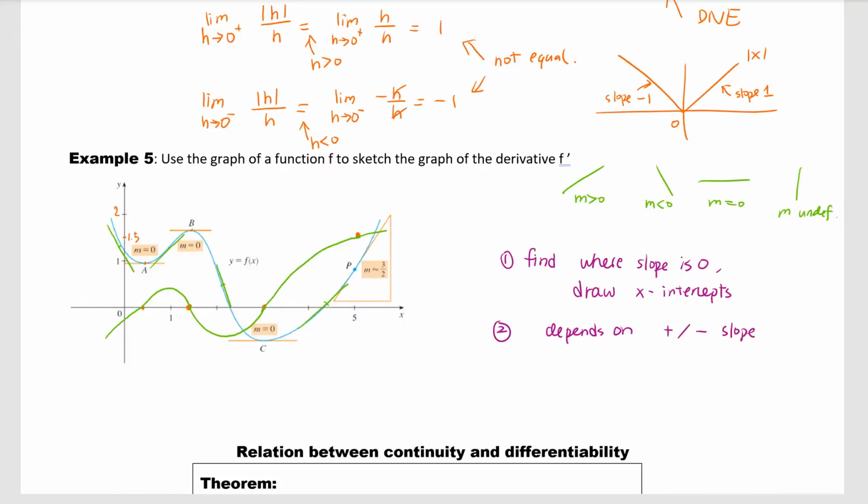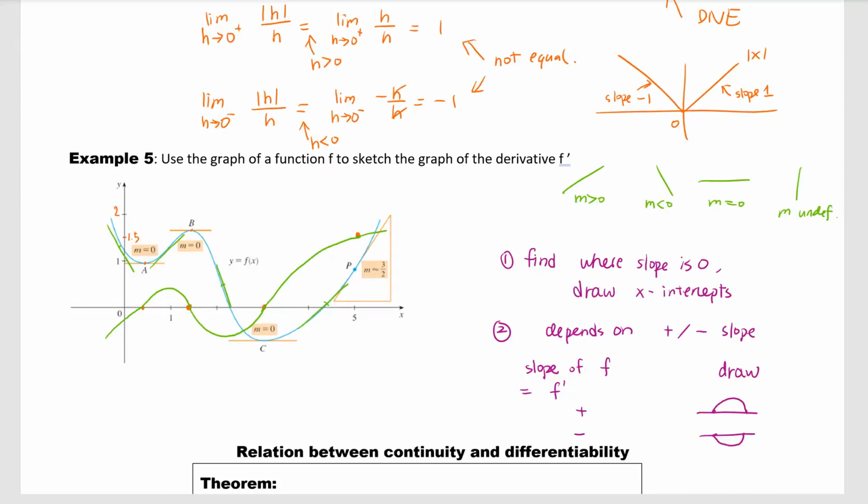By the way, the slope of f is the same as f prime. If f prime is positive, how do you draw it? Because it's above the x-axis, you connect those points above. When the slope is negative, you connect those points below the x-axis. So far, so good, everybody?